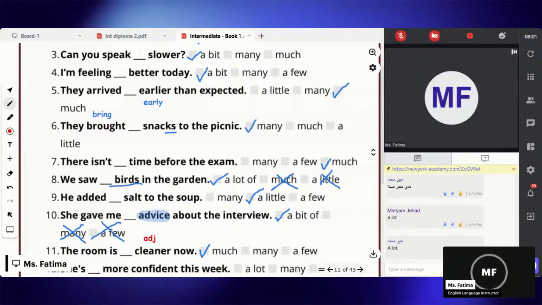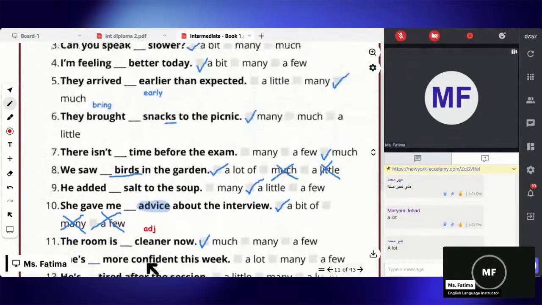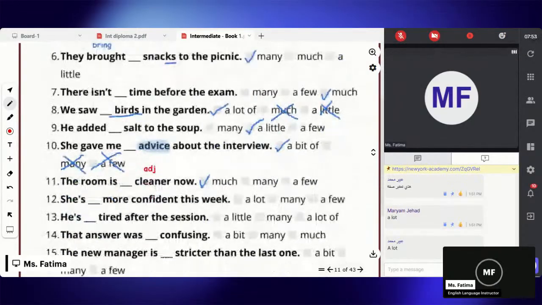More here is not a quantifier, it's a comparison. With long words we use more, and with short ones less. Yes, excellent. So we say she's a lot more. Good job.